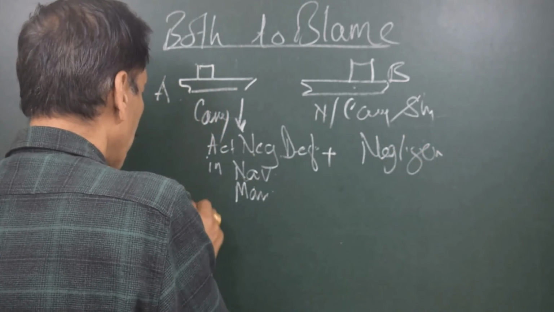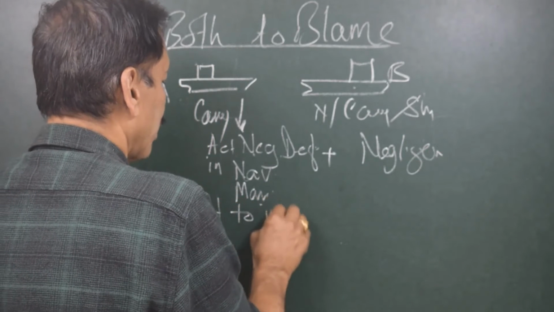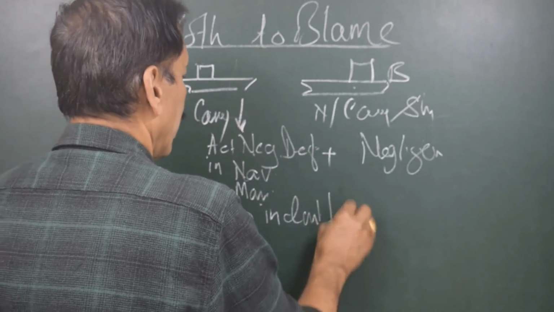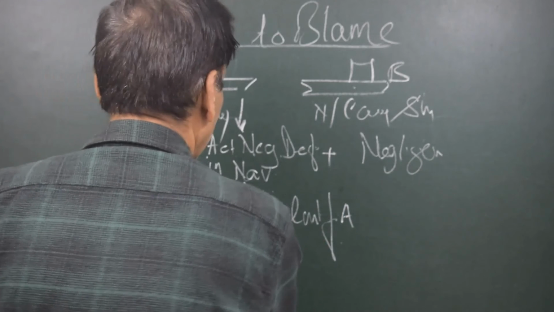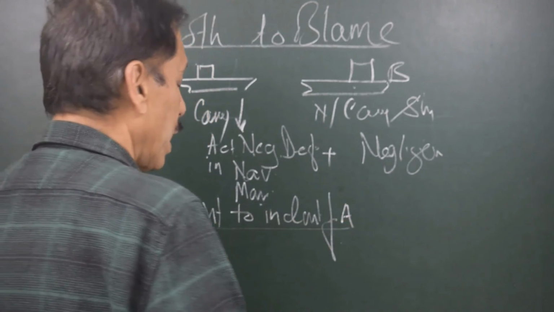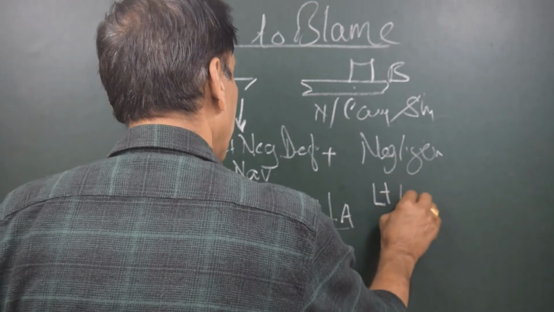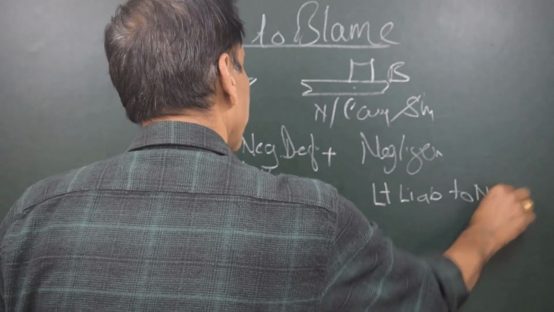Then the cargo interest is to indemnify A in respect of all the losses plus liability to non-carrying vessels.